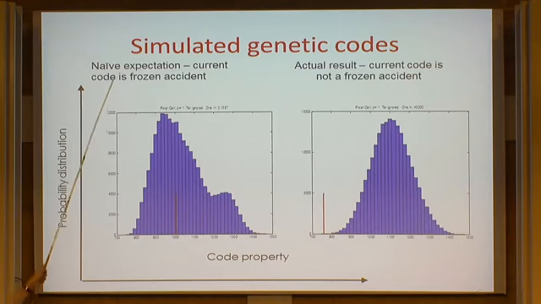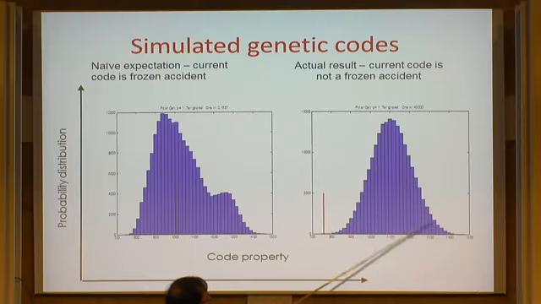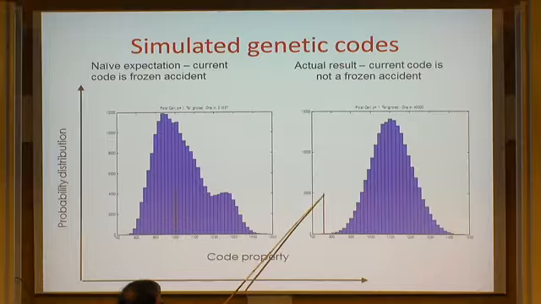Now, if the genetic code is a frozen accident, then what you'd expect is that the actual value of the genetic code would be like I've shown you here, just something in the middle of this distribution. If, on the other hand, the codes you get at random look like this, but the actual genetic code is way out here in the wings, at a much smaller value, then you would say that it's not what you would get at random, something else must have happened.